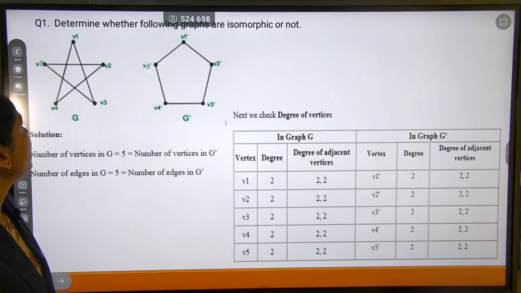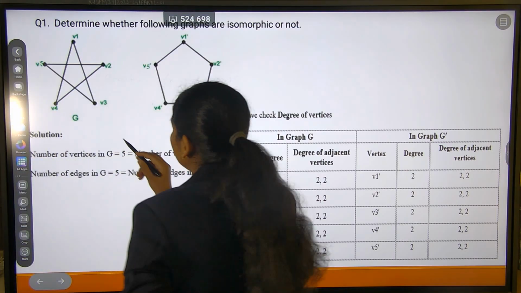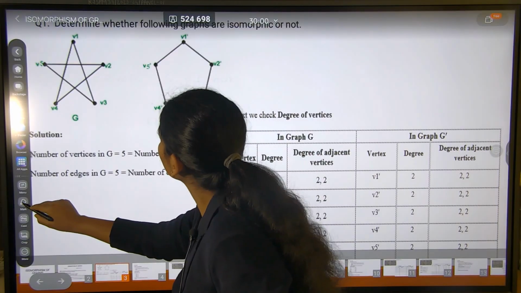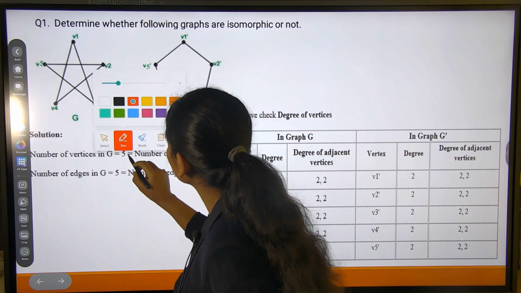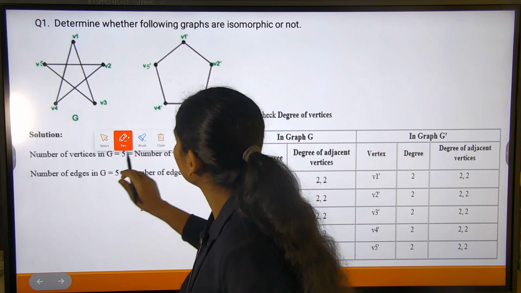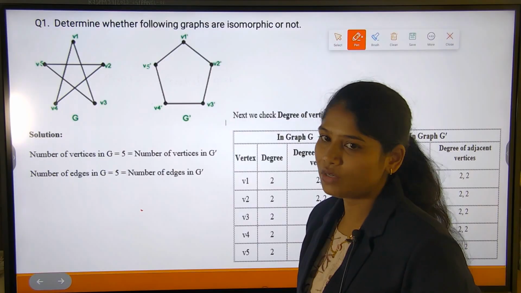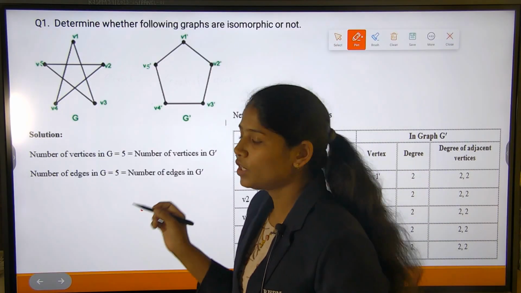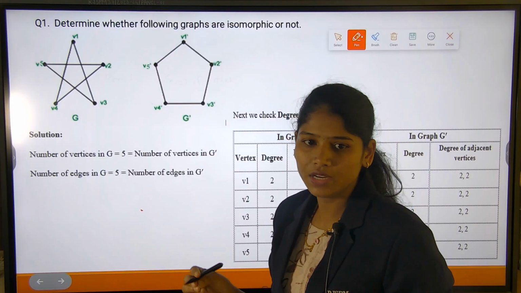The question is: determine whether the following graphs are isomorphic or not. Two graphs are given, G and G dash. First we need to check the number of vertices in G and in G dash.